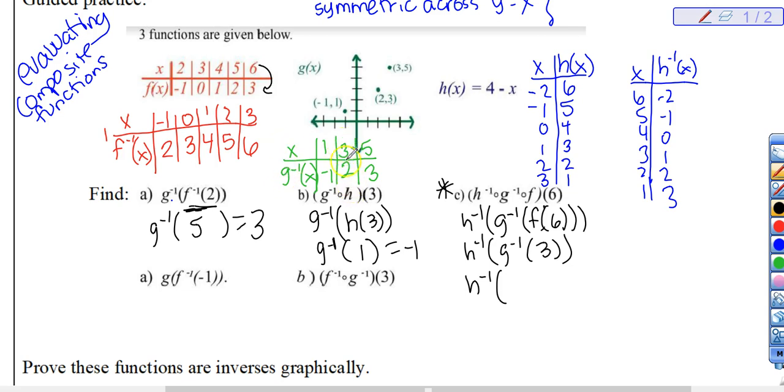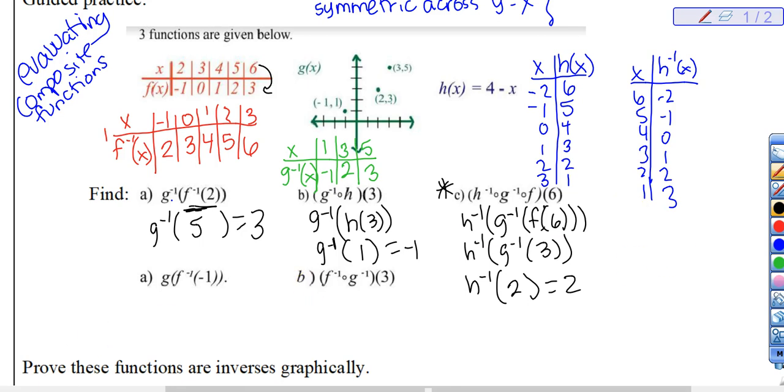G inverse of 3 is 2. Yep. It's 2. And now 1 set of parentheses. So now we're going to replace the H inverse of 2. So we go to the H inverse, that's this one, of 2 is what? It's 2. And so triple composition, evaluation, and you did it.